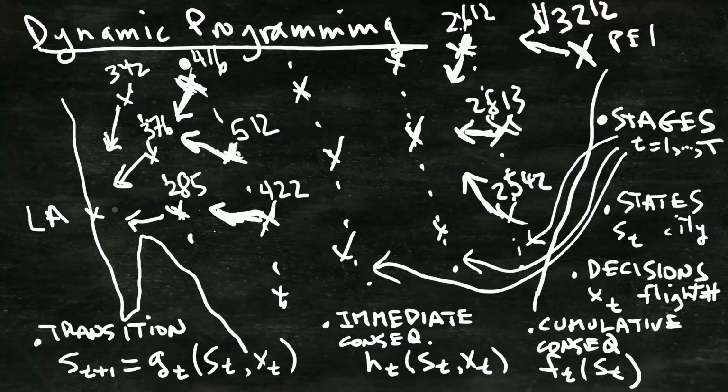You're going to move from LA to PEI, doing all these calculations. Once you get to PEI, you're going to know what the immediate action is, to go to the city where it says 2612, and then you're going to look at all these signs that you put up when you were moving from left to right. You're going to encounter those signs when you go from right to left. Now, clearly, you're going to do only the optimal path, and you're not going to be using many of the signs that you put up.